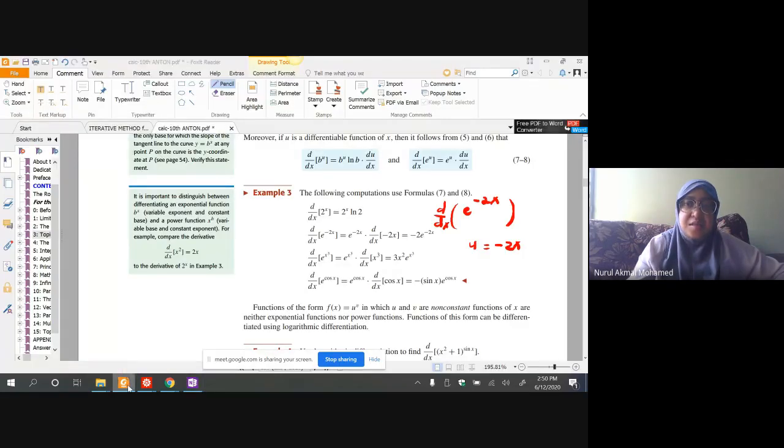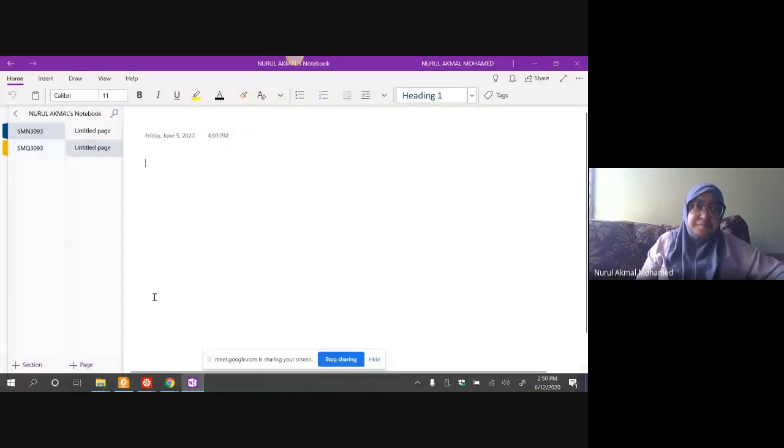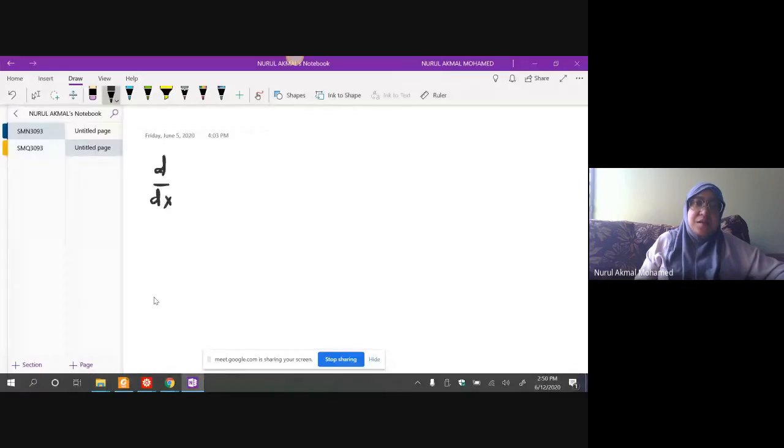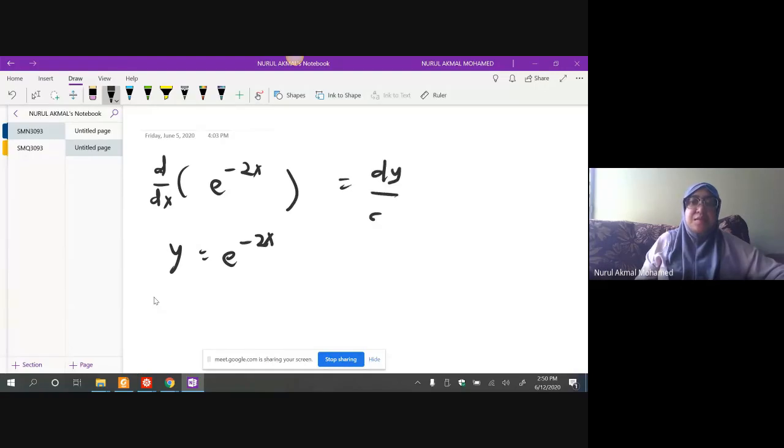So y is equal to e to the power of negative 2x. We are asked to find dy/dx.